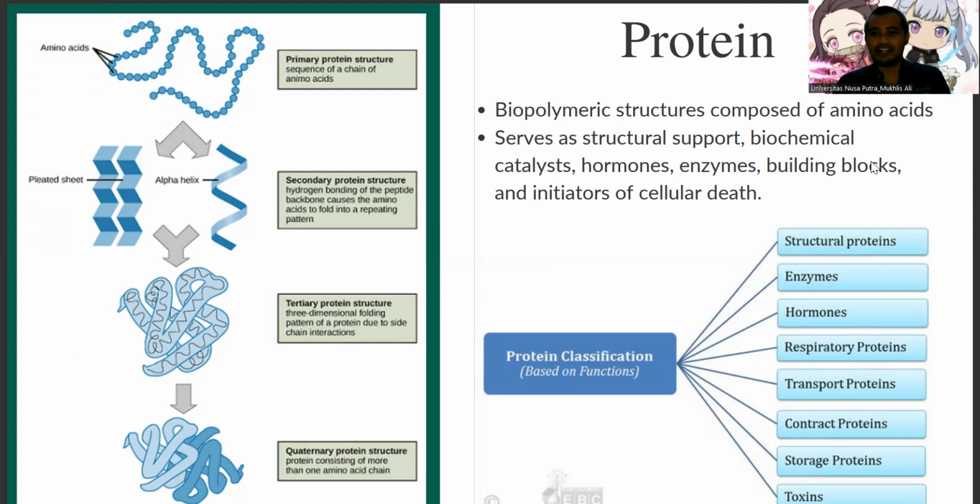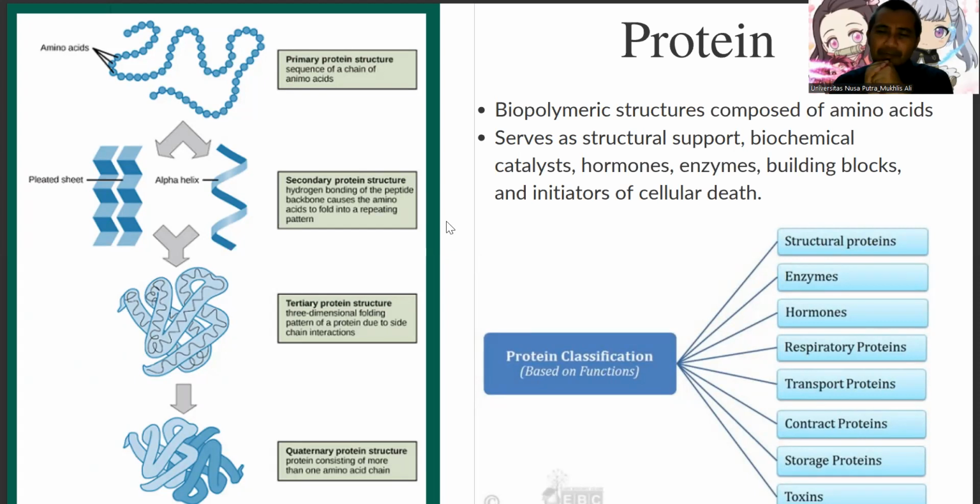Next one is contract proteins, storage proteins, and the last one is toxin. Toxin is related with how these proteins control bacteria or maybe something that disrupts our body.